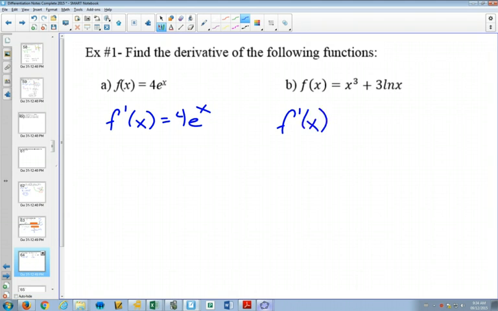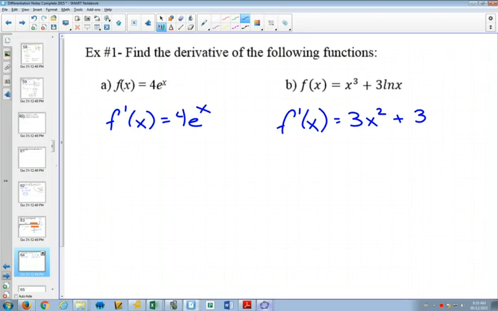And we already learned that adding and subtracting things, you can think of each thing separately. So can we do our derivative of x cubed? Yes. 3x squared. Can we do our derivative of 3 natural log of x? Okay? Now, eventually, you'll probably just write the answer to this, but what's happening, the 3 out in front doesn't affect anything.